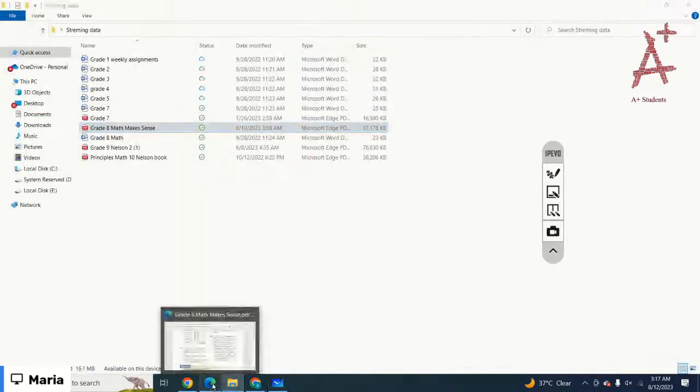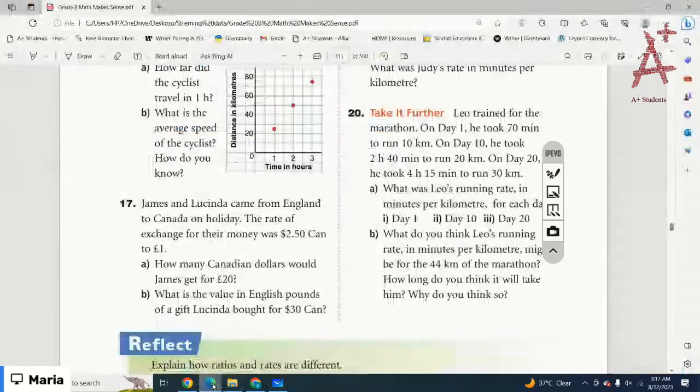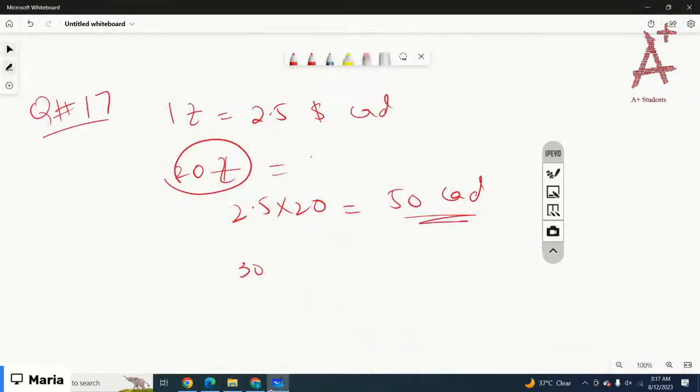Next part is, what is the value in English pounds of a gift Lucinda bought for 30 Canadian dollars? He bought it for 30 Canadian dollars and the rate for one is 2.5, so just divide it by 2.5. That would be 12 pounds. That means if he has 12 pounds, he will get the gift for 30 Canadian dollars, right?